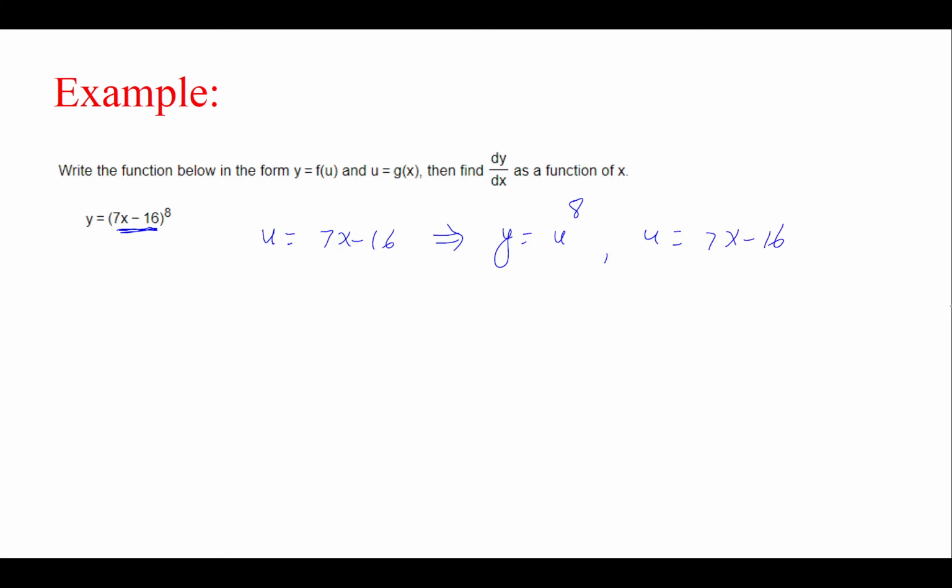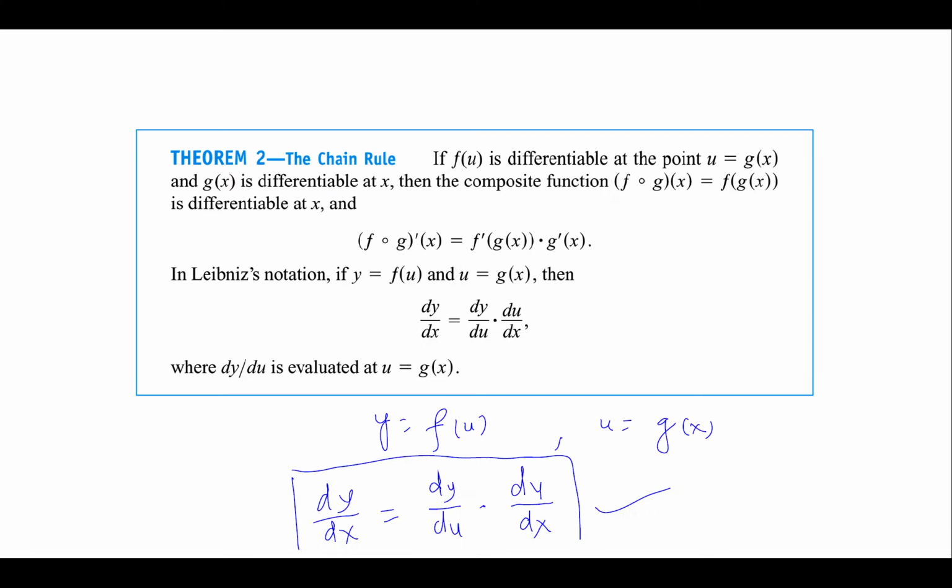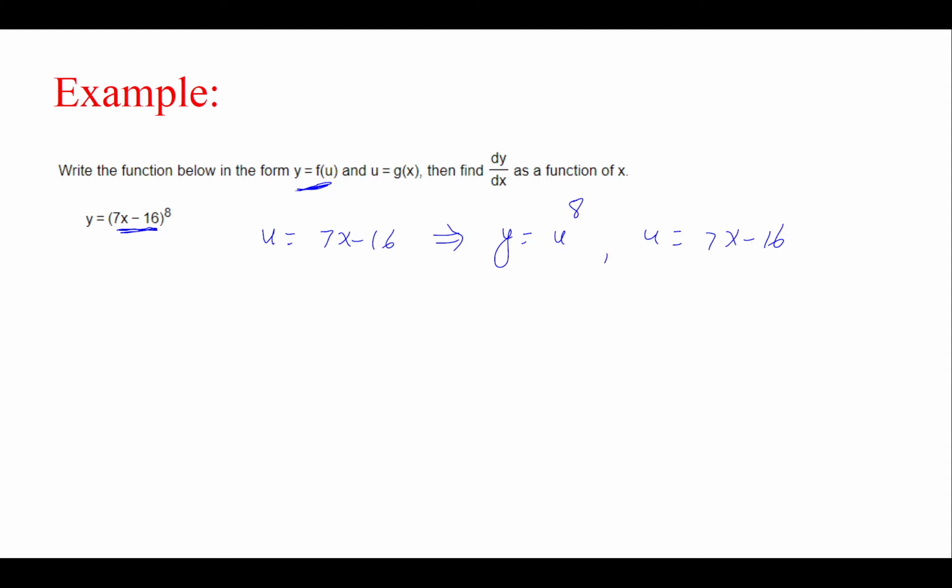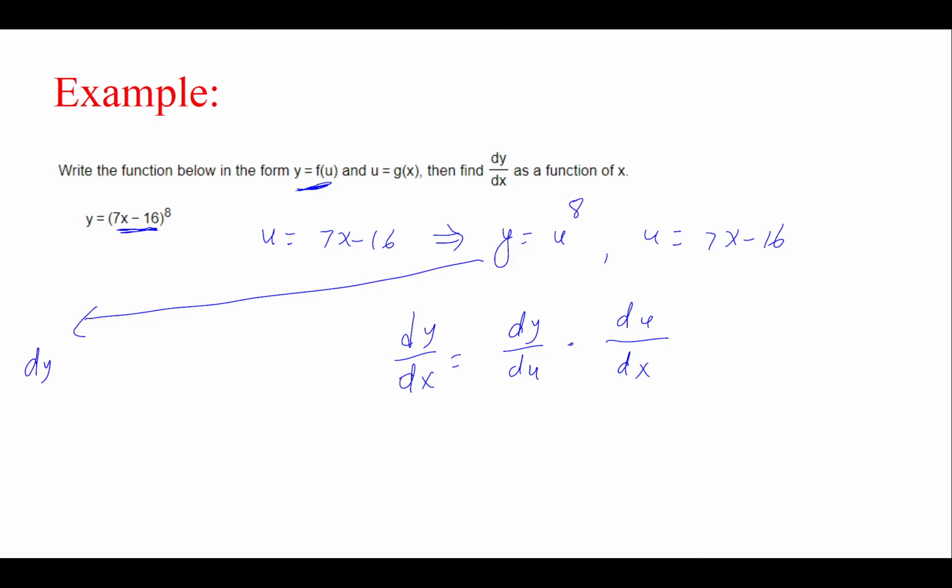So y is a function of u, just in terms of u, and u is a function of x. Now using our formula, to find the derivative of y with respect to x, we need the derivative of y with respect to u times the derivative of u with respect to x. If y is u to the power 8, what is the derivative of y with respect to u?